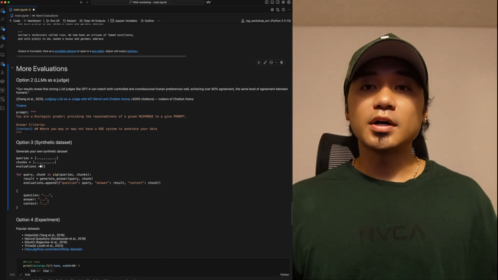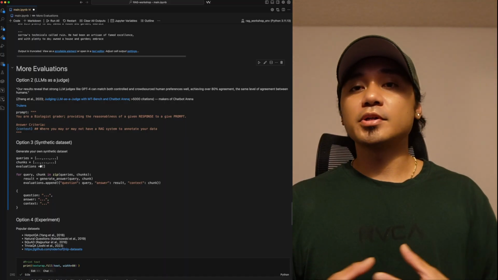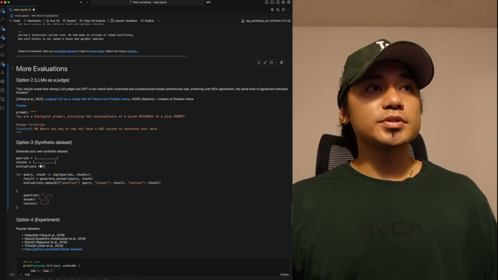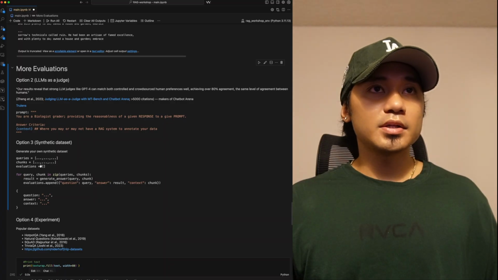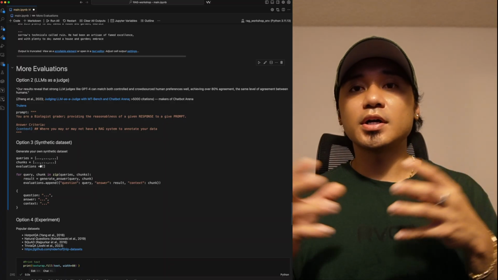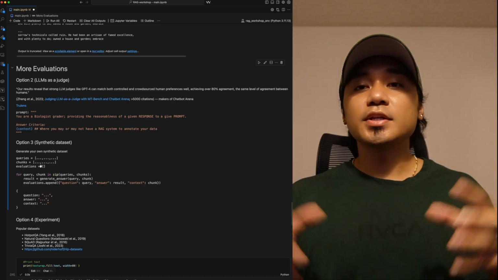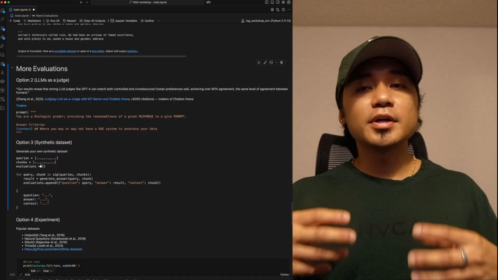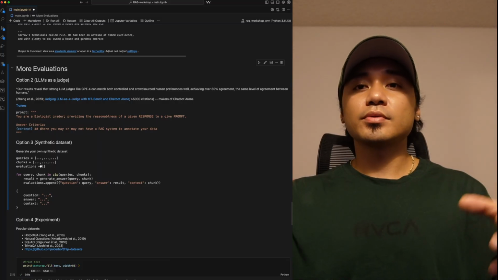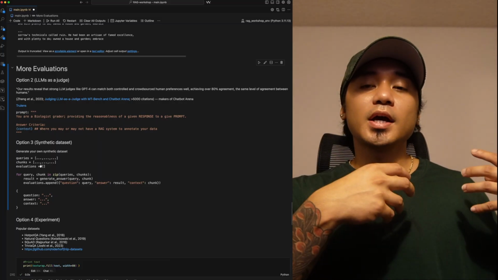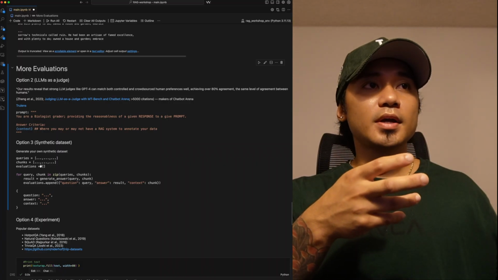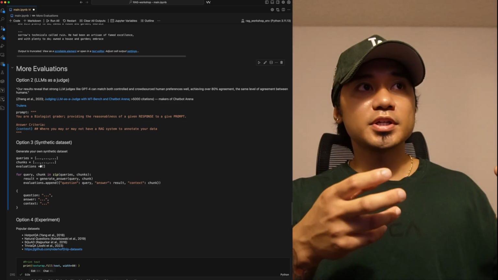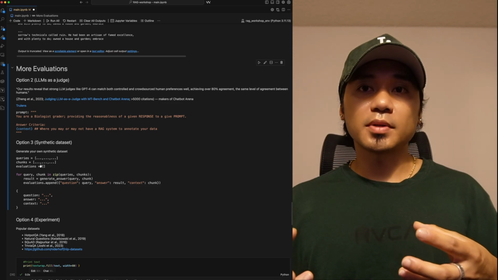So the third option on how to evaluate your model is to generate your own synthetic data set. This is used quite frequently in the literature, and they have different methods for creating a synthetic data set. But basically, you would run your chunks through a language model and ask it to generate some questions on the data that you supply it.